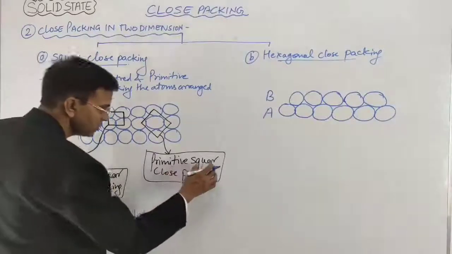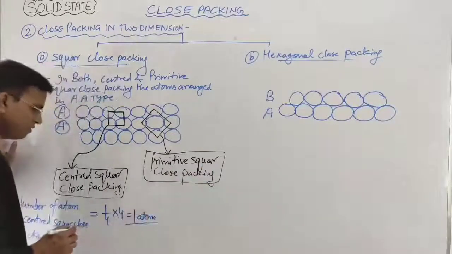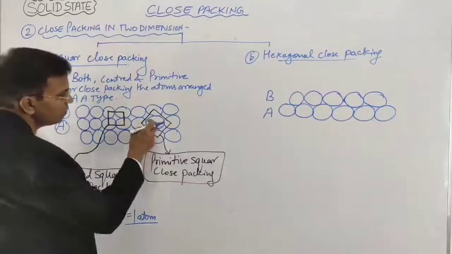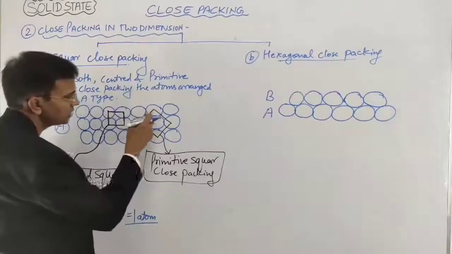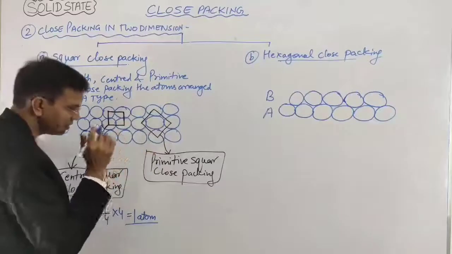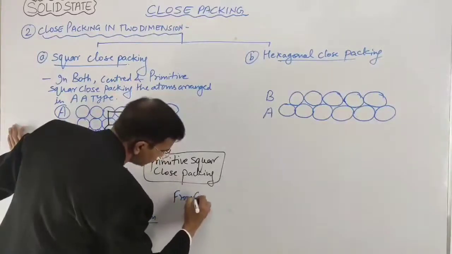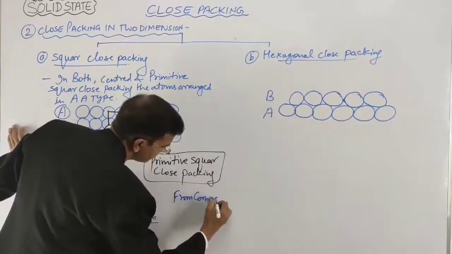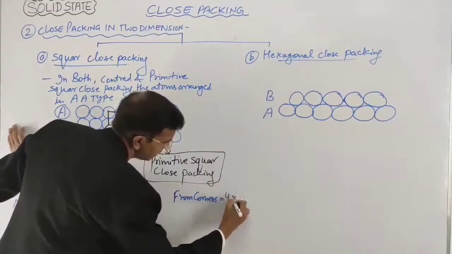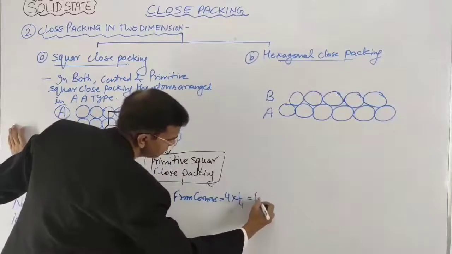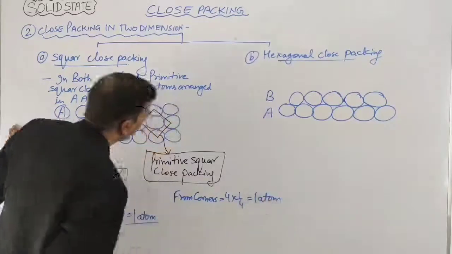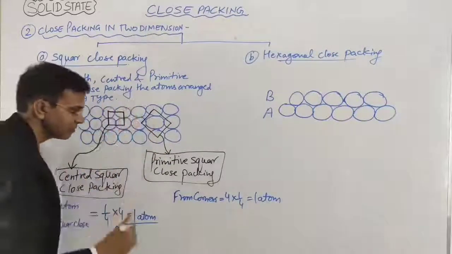Now come to the primitive square close packing. In primitive square close packing, you may observe from corners 1/4 part, right? From corners, 4 multiplied by 1/4 is equal to 1 atom, and 1 atom at the center.